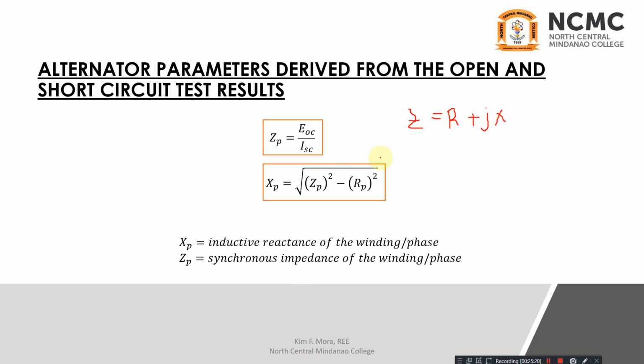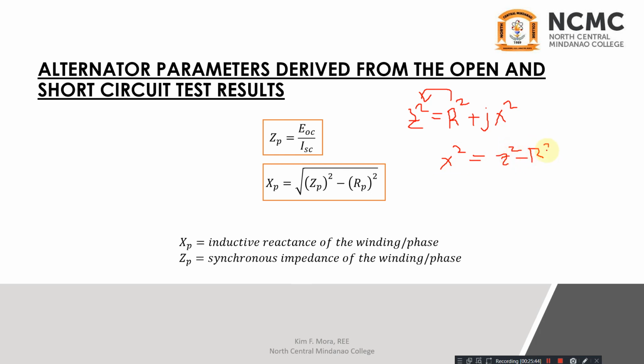So when you manipulate this, this is actually equal to that relationship. When you move R to the other side of our equation, it becomes negative. So what remains is X squared is equal to Z squared minus R squared.